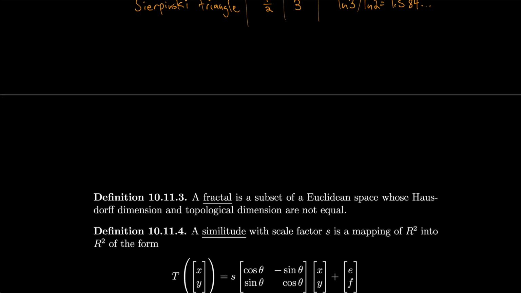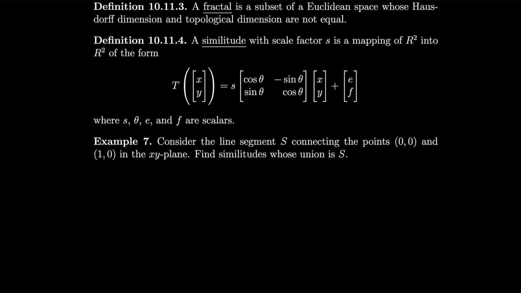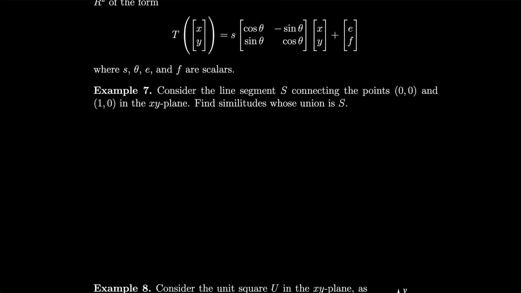Okay, let's keep going. A similitude with scale factor s is a mapping of R2 into R2 of the form T(x,y) equals s times the matrix [cos θ, −sin θ; sin θ, cos θ] applied to (x,y), plus (e,f), where s, θ, e, and f are all scalars. Let's consider the line segment S connecting the points (0,0) and (1,0) in the xy plane, and we'll find similitudes whose union is S. So I will draw this.